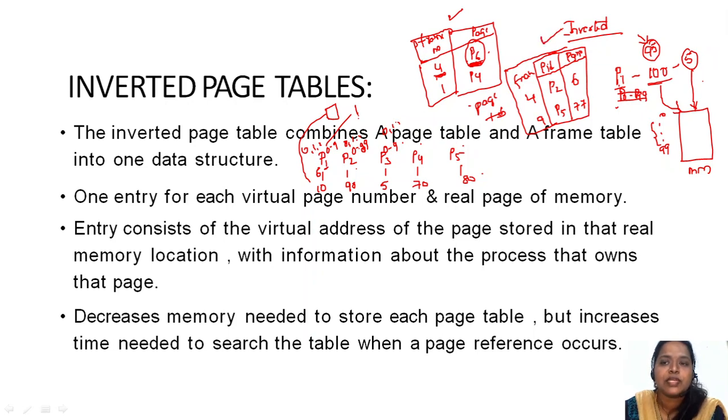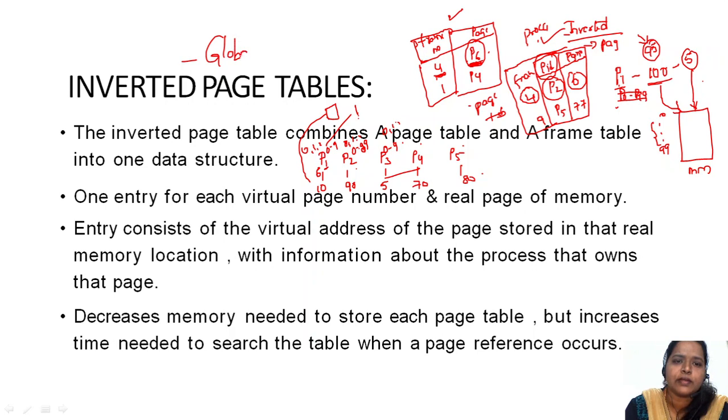But when it comes to the inverted page table, we know the PID, the process ID, and the PNO, the page number: which process, P2 process, 6th page loaded onto 4th frame. Exactly what we require, that information we store in the inverted page table. This inverted page table we also call a global page table.